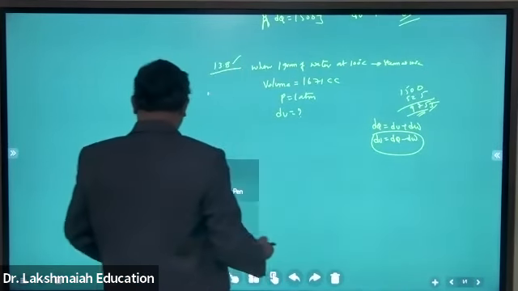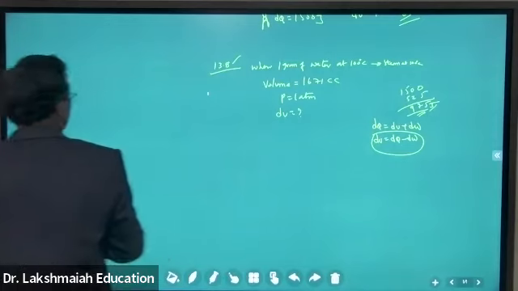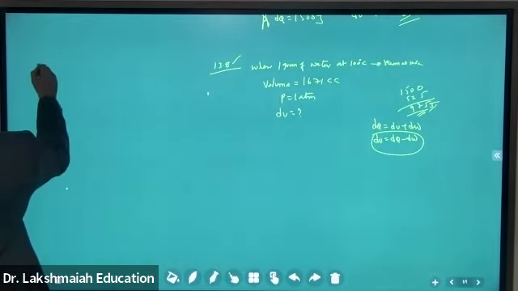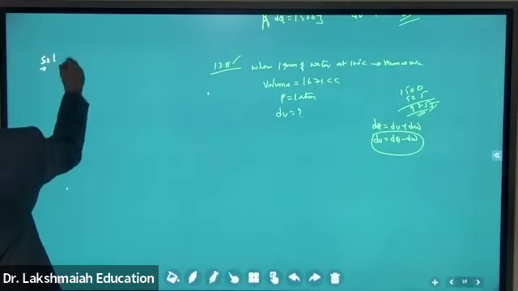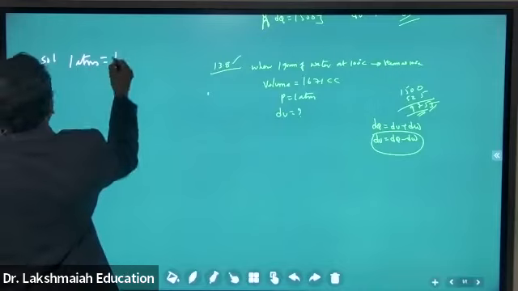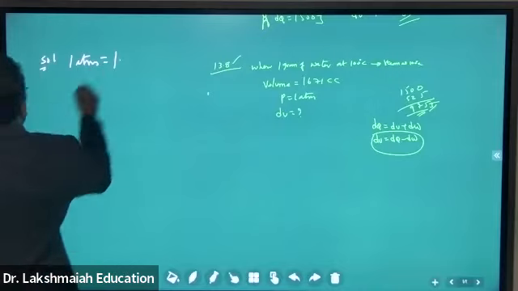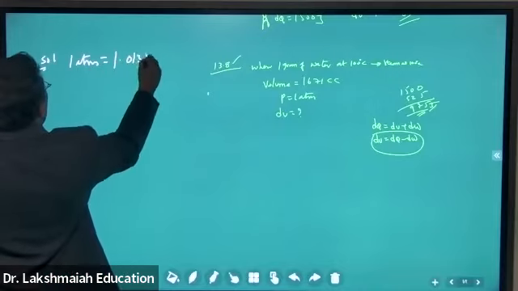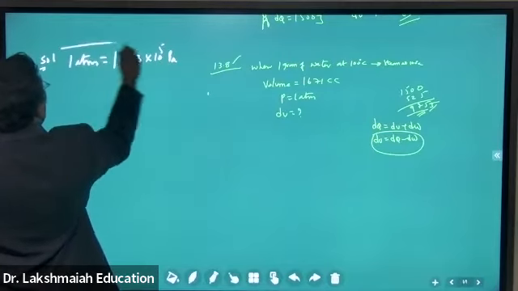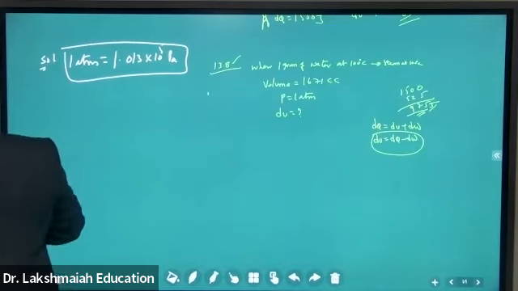First you can write 1 atmosphere is equal to 1.013 into 10 to the power 5 Pascal.